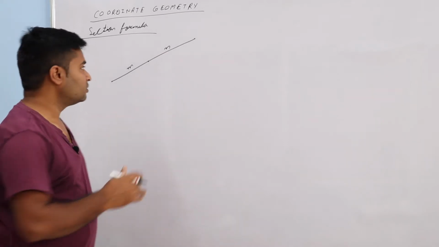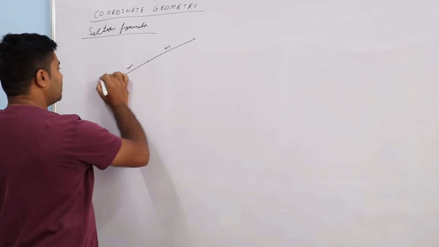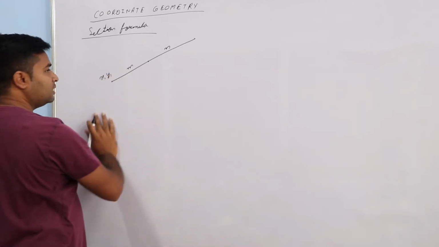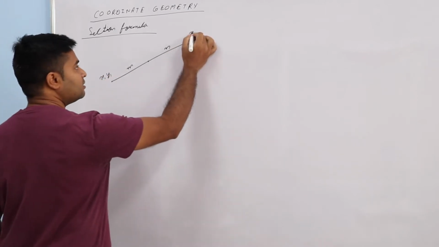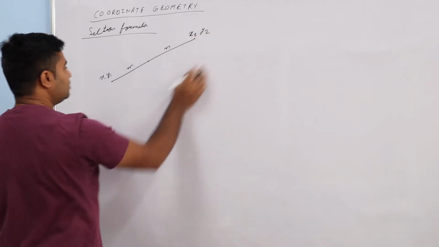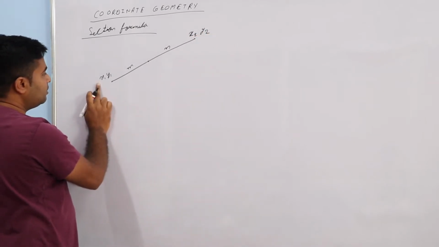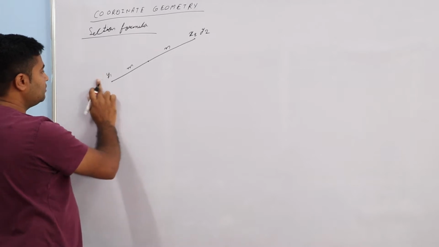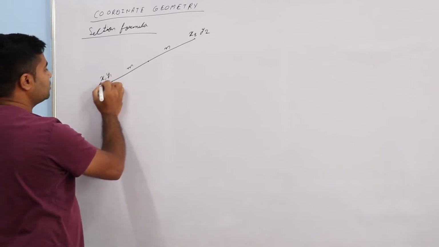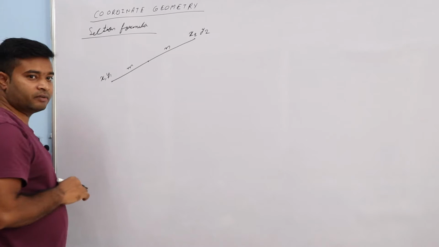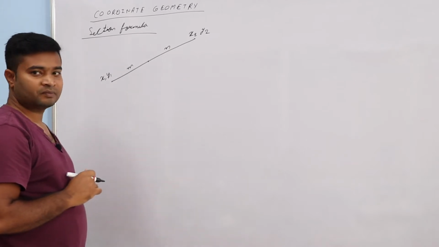So if this line is there, the coordinates will be x1, y1 and x2, y2.